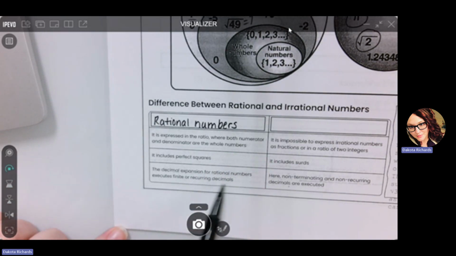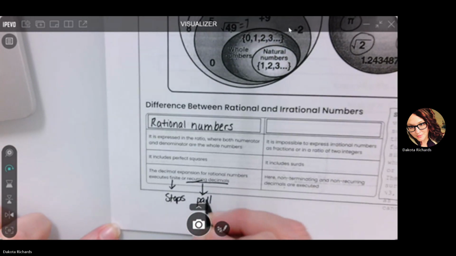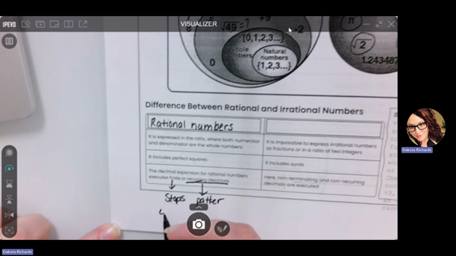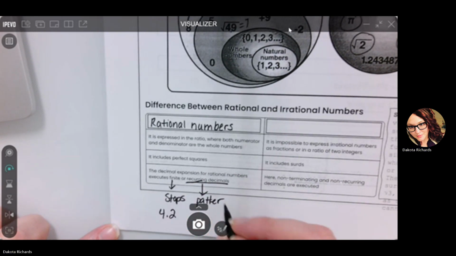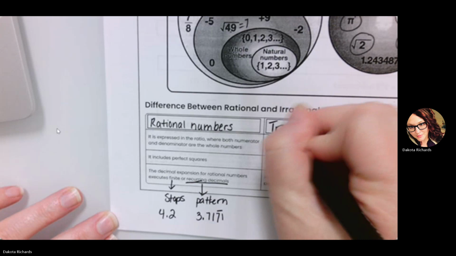The decimal expansion for rational numbers executes finite. That means it stops. Or recurring decimals, that means it has a pattern. Like 4.2 or 3.7171. That pattern repeats, okay?